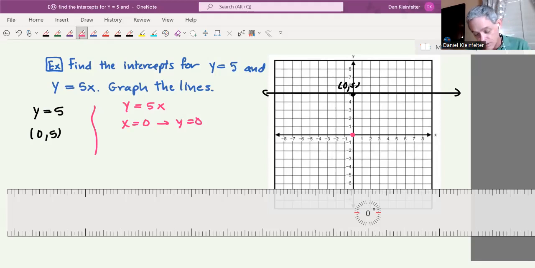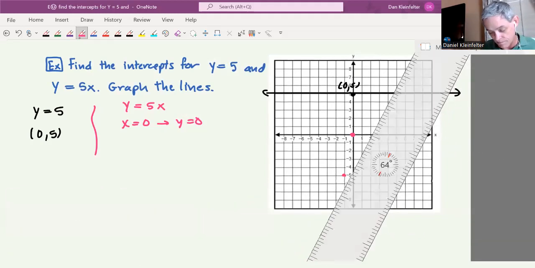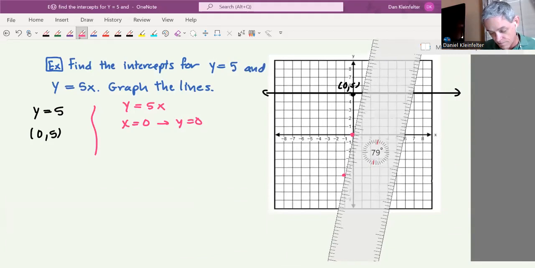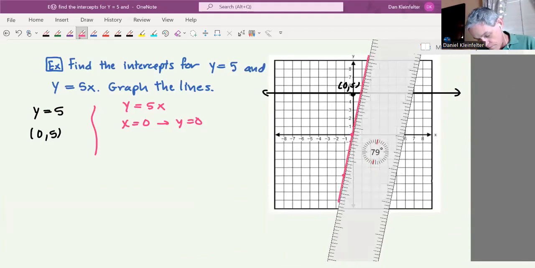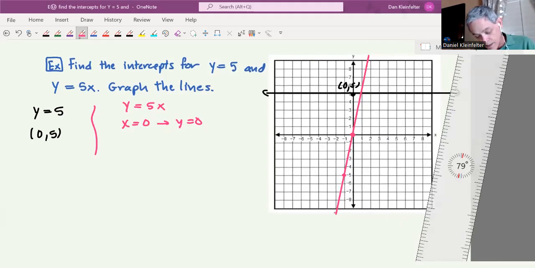And so I'm going to use the point, let's go with 1, 5, or negative 1, negative 5. All right, so there's our y equals 5x. That's 0, 0 and negative 1, negative 5.